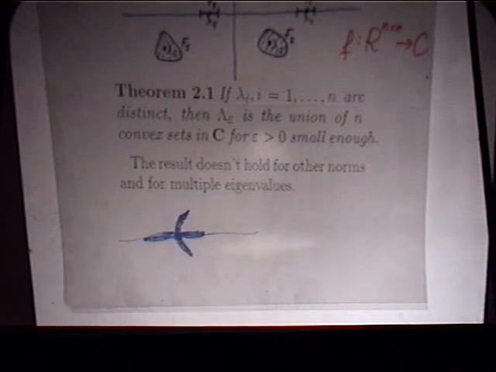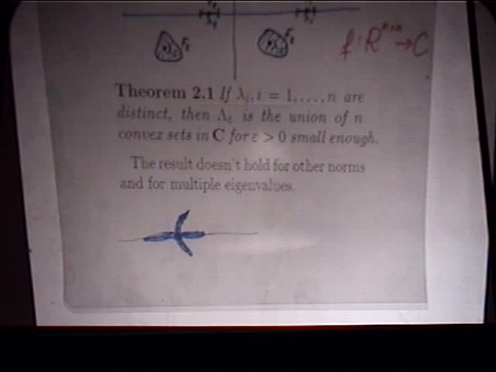And about the Frobenius norm, it's not quite clear. Probably in some other norms these sets are also convex, but definitely for some norms they are not.